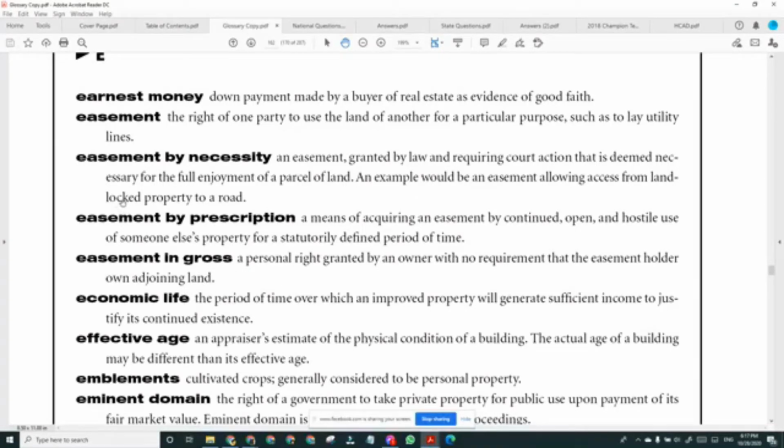So it says locked land. So in order to access a property that's behind you and there's no road access to, we will have to go through the owner of the parcel that's along the road. So this becomes an easement by necessity.